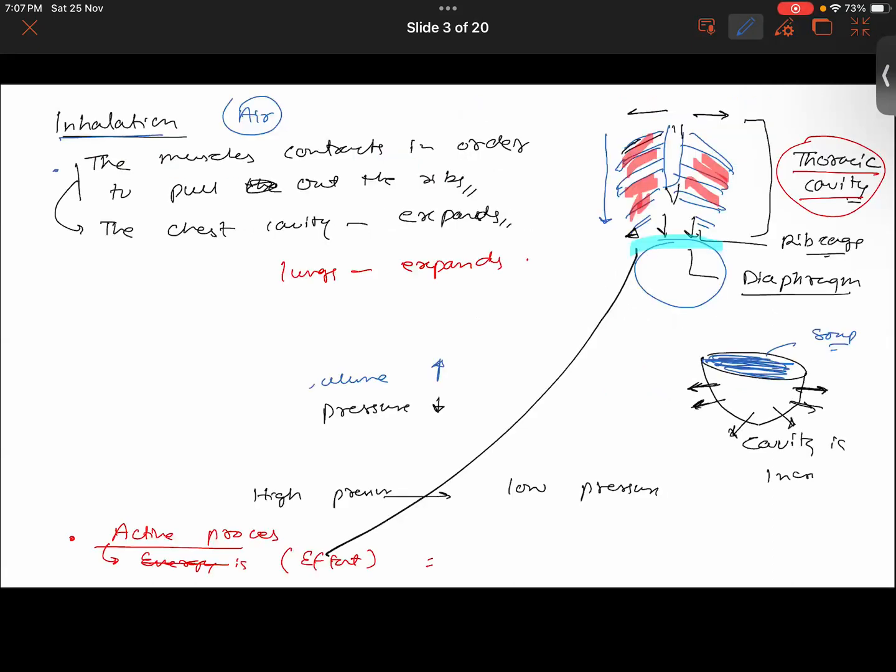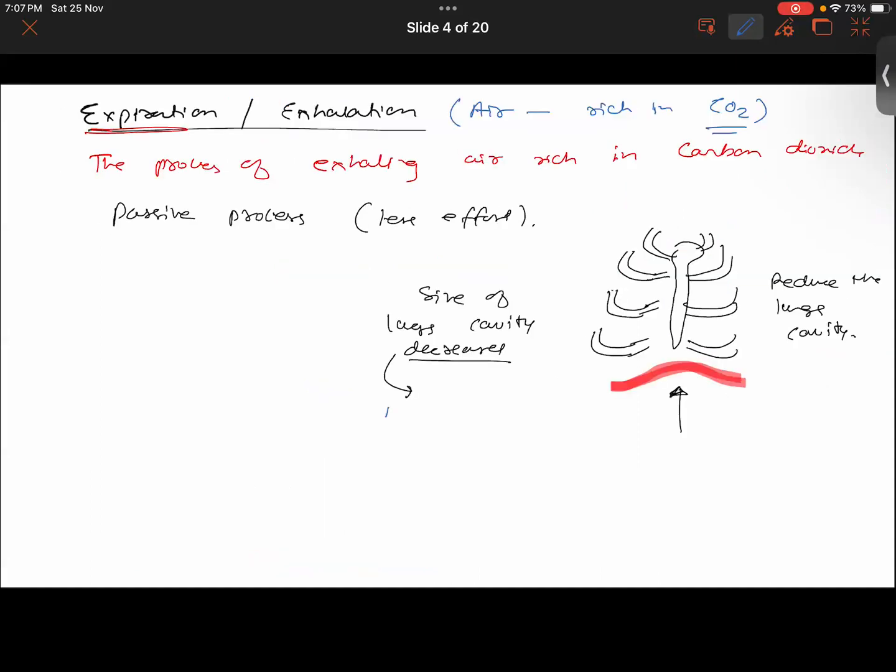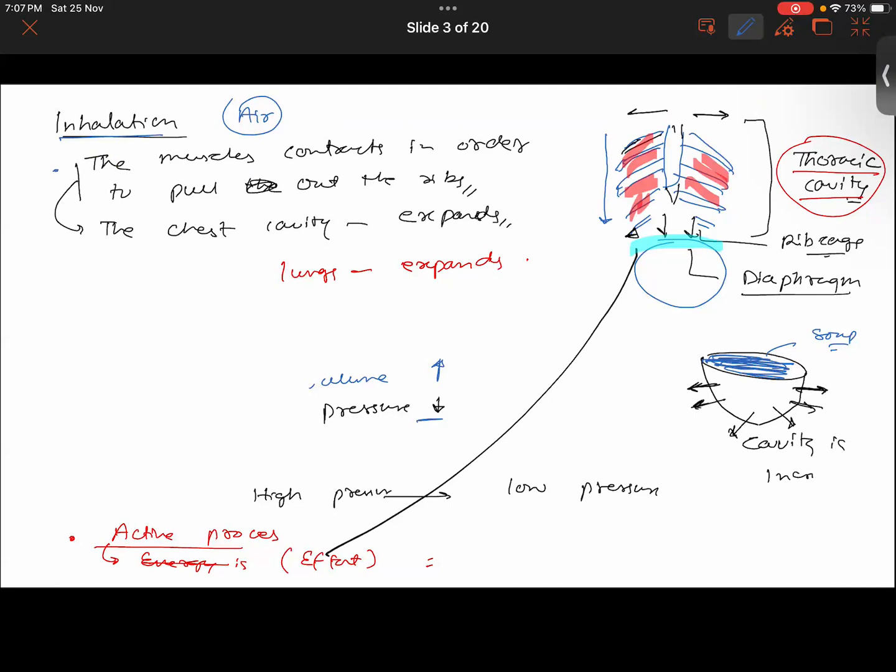In the case of inhalation, air pressure was decreasing while the volume was increasing. But in this case, air pressure is decreasing, no sorry, not decreasing. It will increase over here.